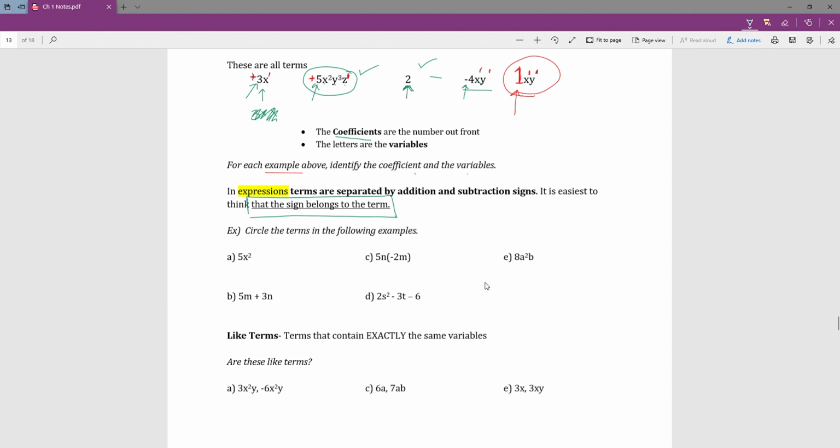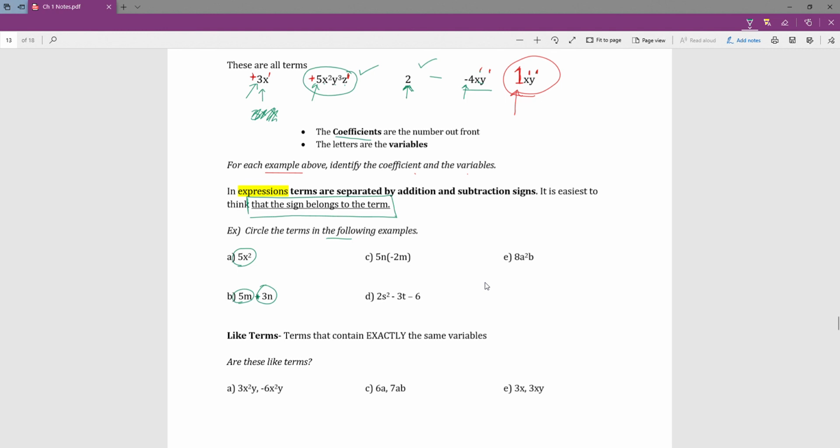So we want to circle the terms in the following examples. Well, A, that's all one term. B, because they're separated, we have a positive 5m and we have a positive 3n. I should have had that positive in there. My line was just a little bit off because that's the point of what I'm trying to say right now.